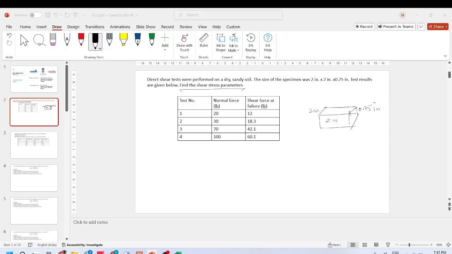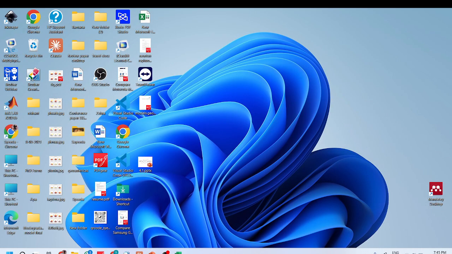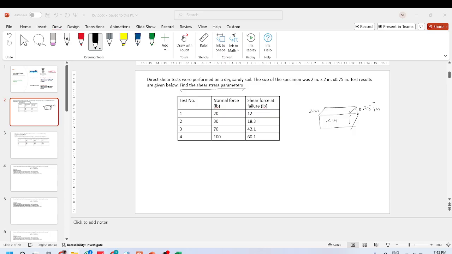So we have a normal force, we have a shear force at failure, and test results are given below. Find the shear strength parameters. Okay? So we just need to plot a graph for this. Let's do that.